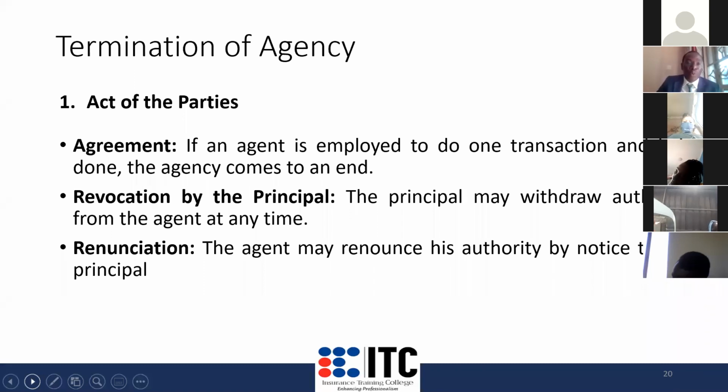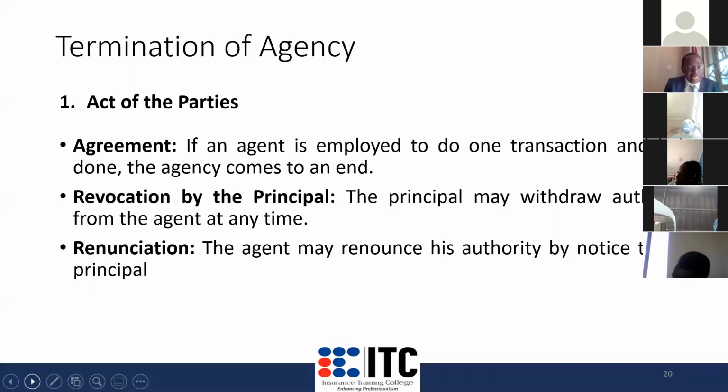So we're looking at ways in which an agreement can come to an end, termination of an agency. We're going to look at two aspects: number 1, acts of the parties, and number 2, operation of the law.